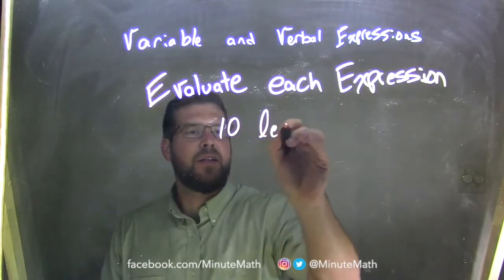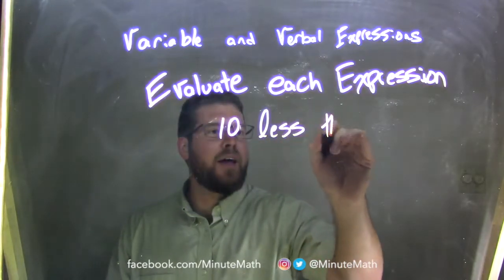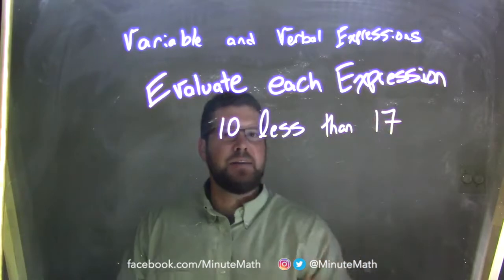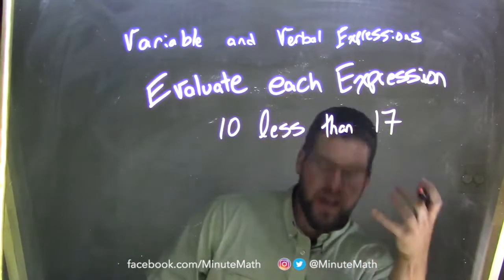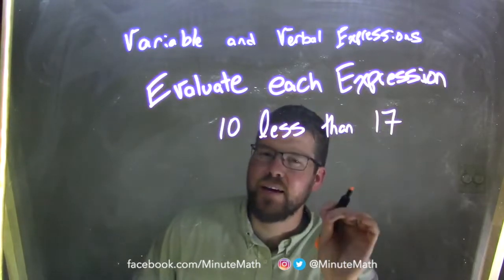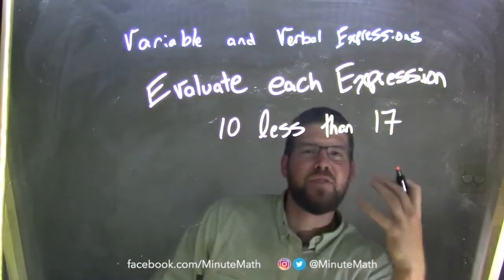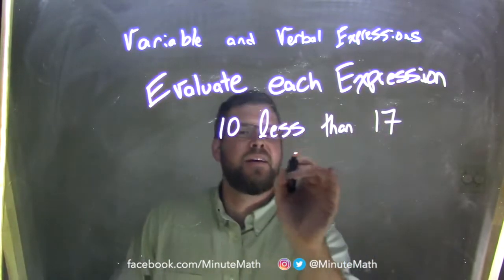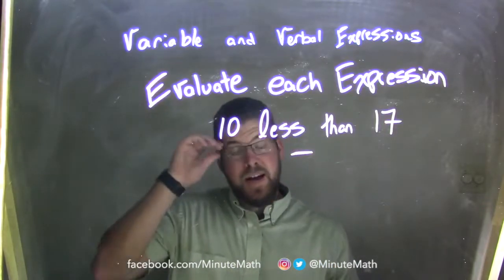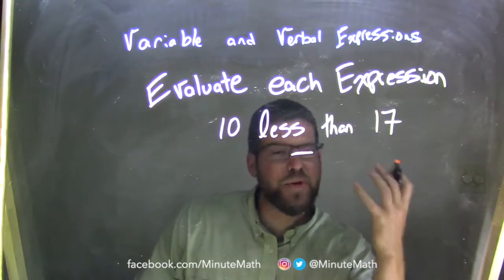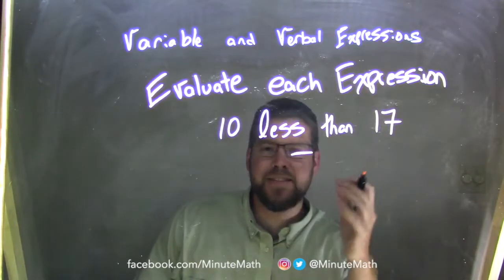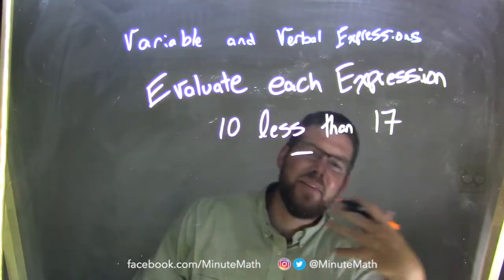10 less than 17. So 10 less than 17. Now, this one's tricky. So less than means subtraction. And here's the tricky part. We're taking 10 less than 17. So 17 really is what's coming first. We're taking 10 less than that 17.